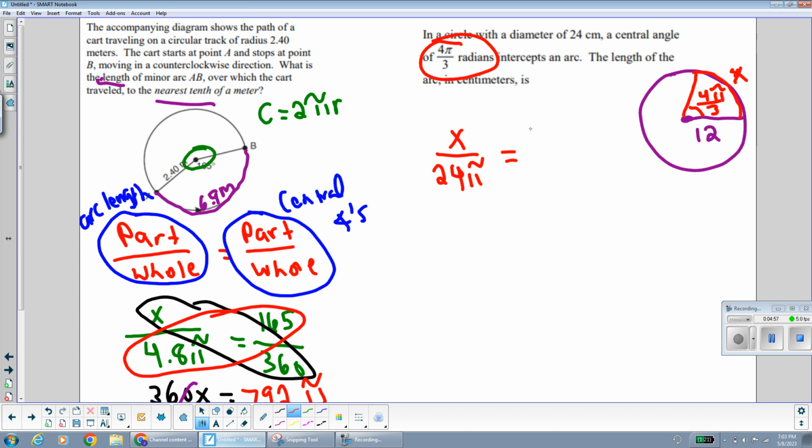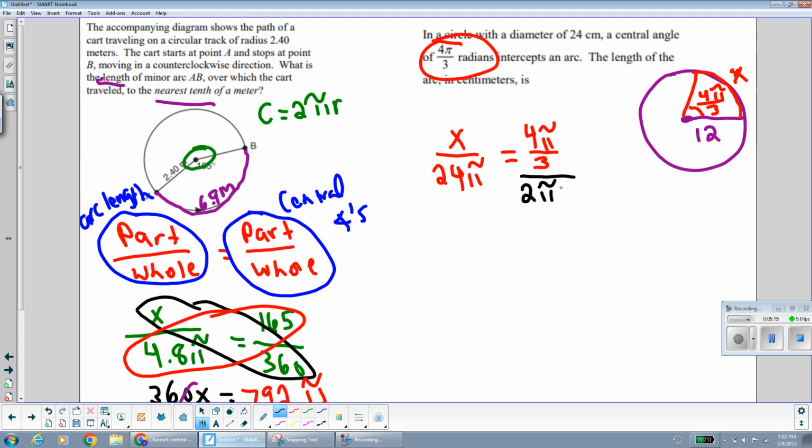Now the central angle is in radians, it's 4 pi over 3, and we're going to put that over all of the central angles. We're not going to use 360 because that's degrees, but our angle is in radians. So 360 degrees, the equivalent in radians, is 2 pi radians.